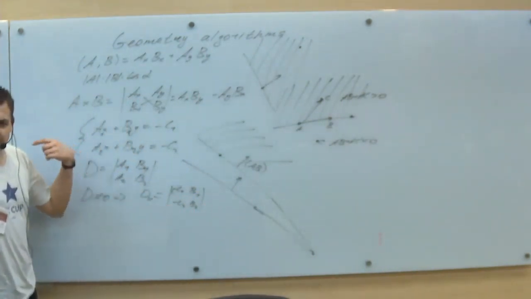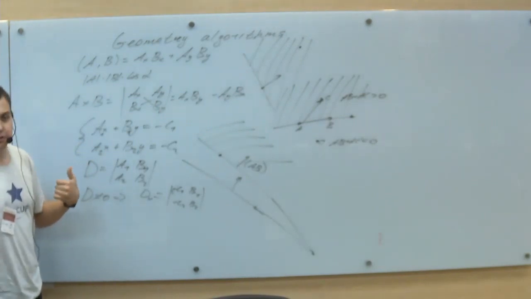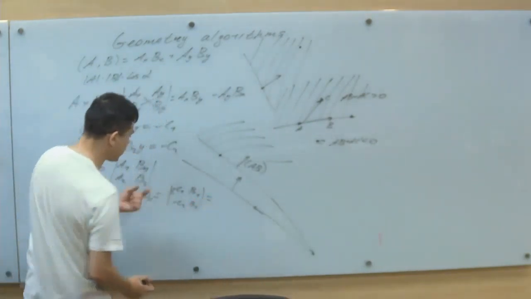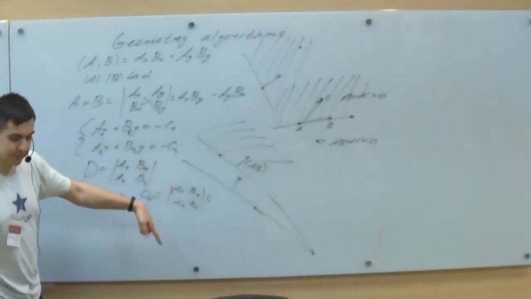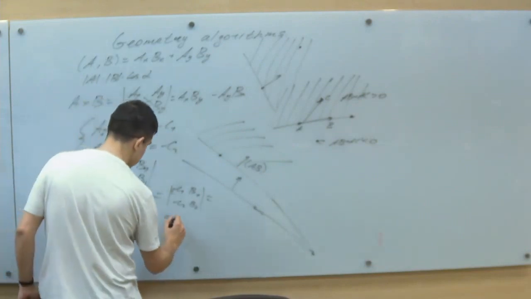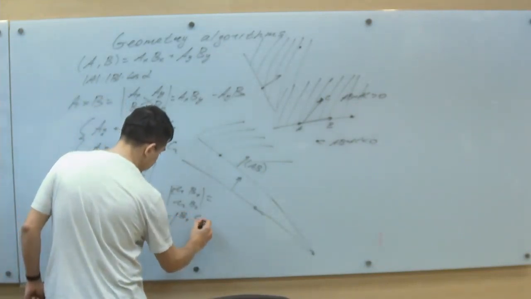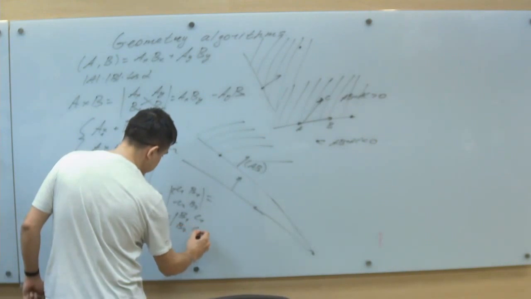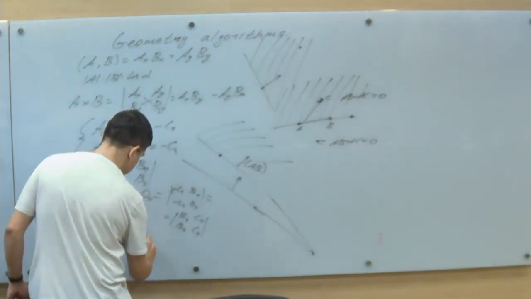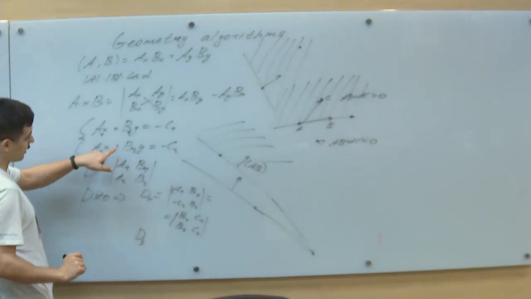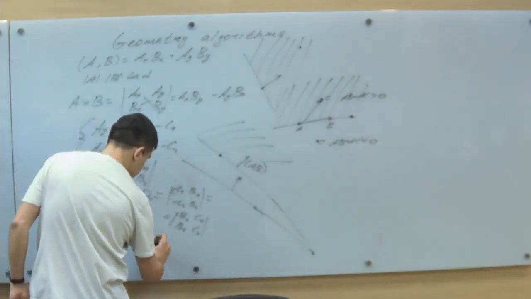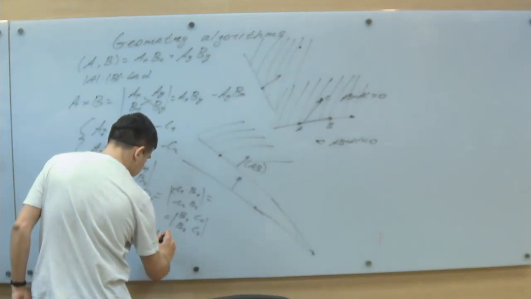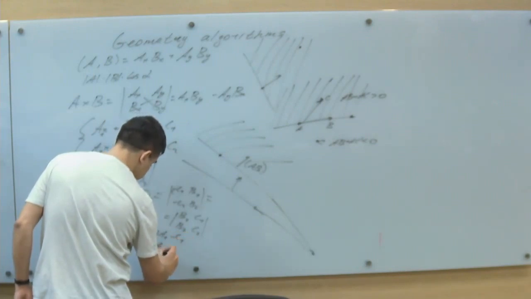And I think the easier way for me to remember is to swap the columns. So swapping the columns changes the sign, and I will remove this minus. So it's B1 C1 B2 C2. And the same for the other one. So I plug minus C1 minus C2 instead of B1 and B2. I get A1 C1, A2 C2.